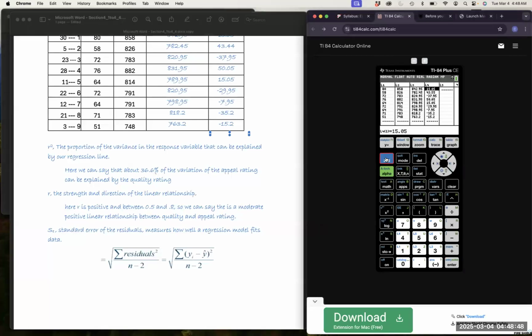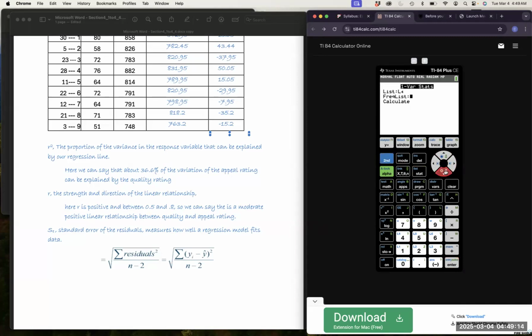And so I want to get out of here, quit, and I'm going to press stat, and I want to do calculations, and I want the one var stats. And I want that for list 4, so I'm going to change this right here for list 4.